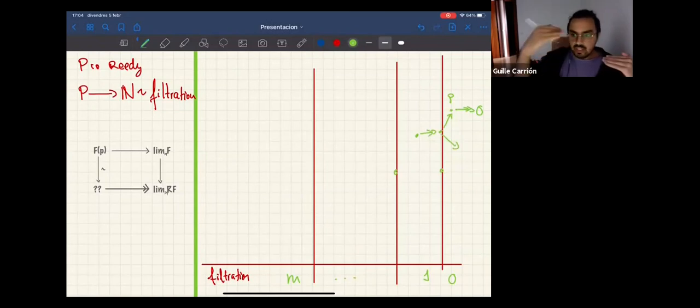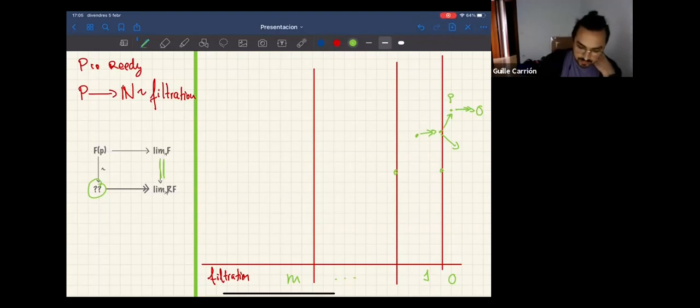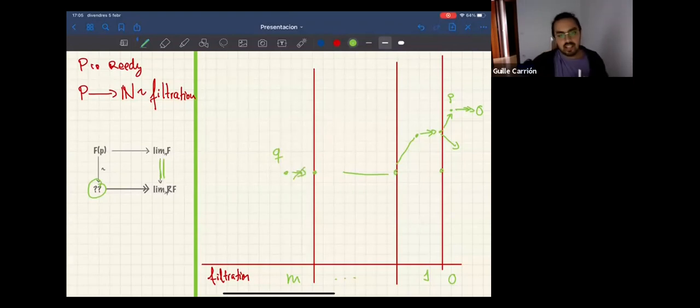Then if it is surjective, this is also an equality. And if everything is okay, we repeat the process, putting in here the original functor. So imagine you are walking through your diagram over there, and then you arrive at a point here, Q, and this map is not a surjection.